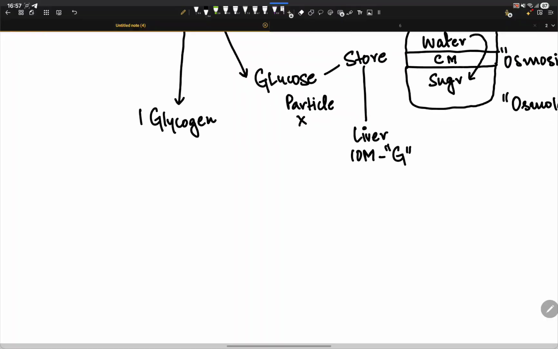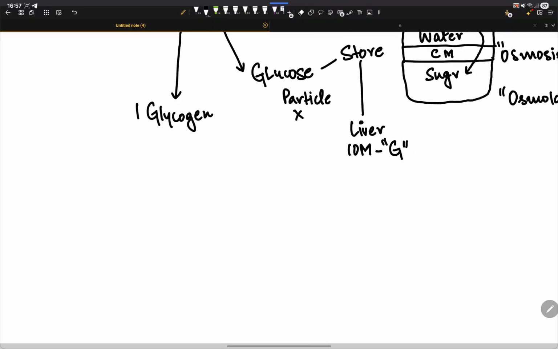Imagine, instead of free glucose molecules, how many glucose molecules does one glycogen molecule contain? You'll be very much shocked that one glycogen molecule actually contains thousands of glucose.